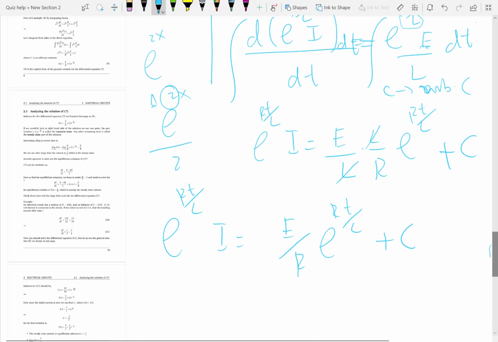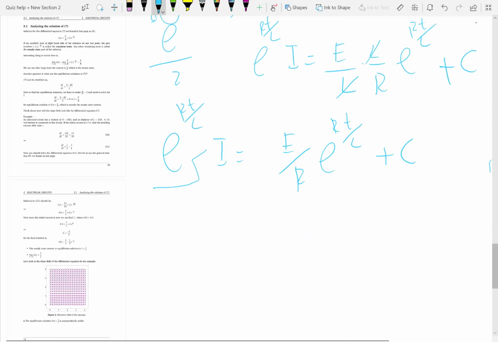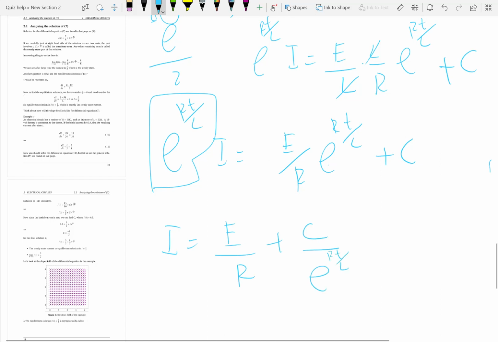Now let's divide by e to the Rt over L, which gives us I. This will cancel out, and we get E over R plus C over e to the Rt over L, which we can write in the numerator by taking the negative power.